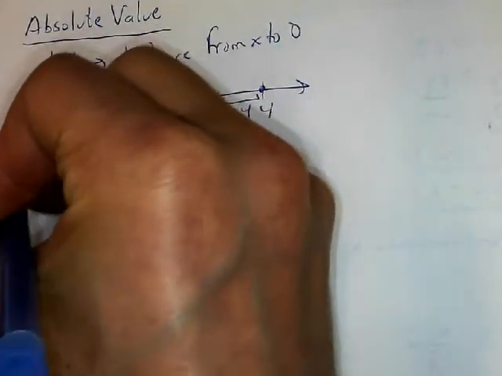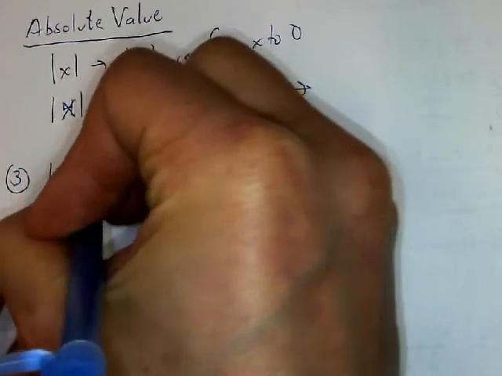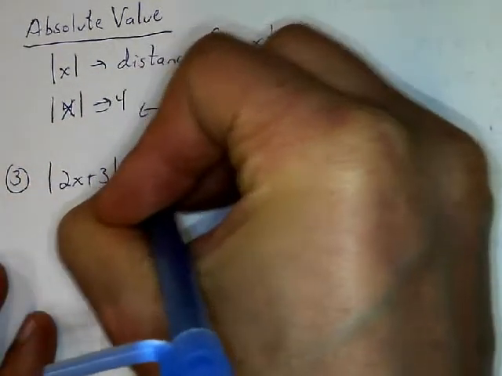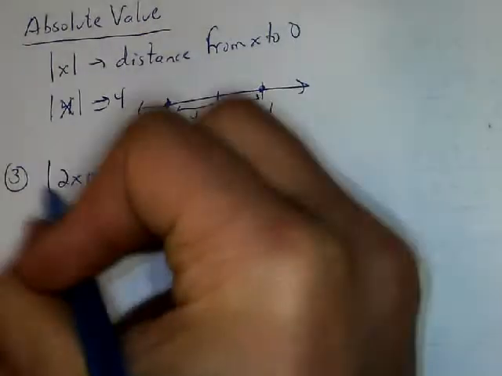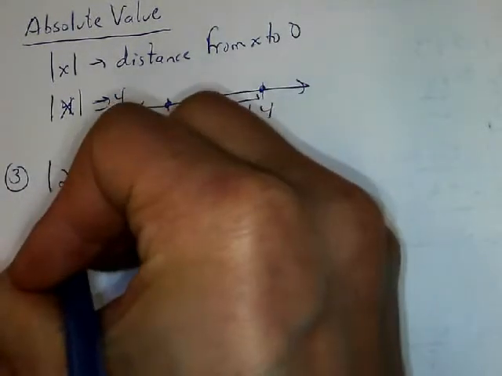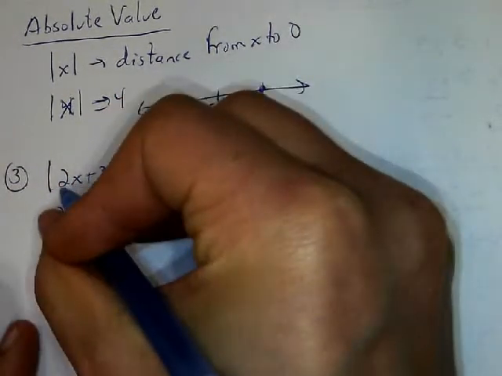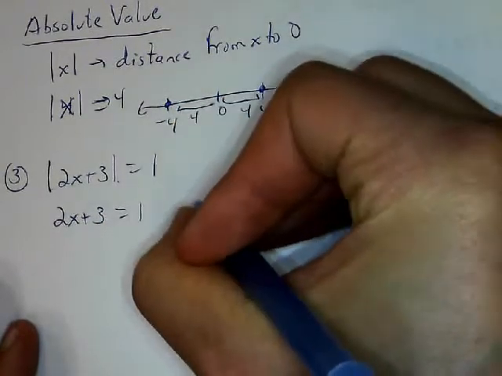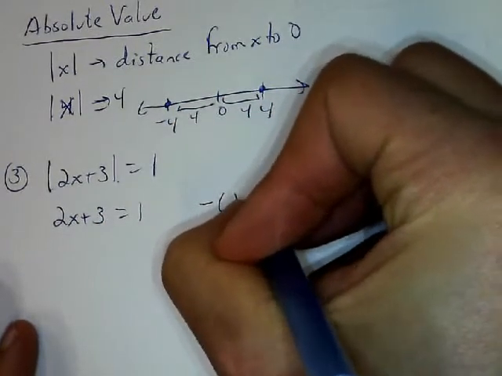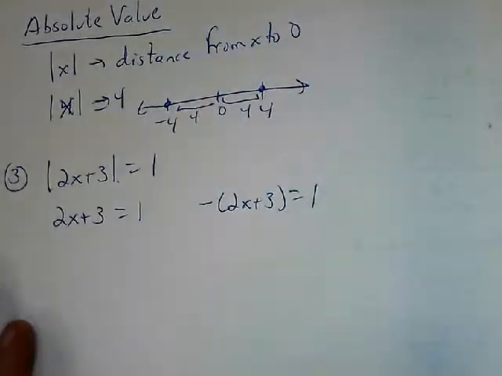So let's do a couple quick examples. Number 3. Let's take the absolute value of 2x plus 3 is equal to 1. So to get rid of the absolute value bars, we have to set up two equations. 2x plus 3 is equal to 1, and negative (2x plus 3) must equal 1.